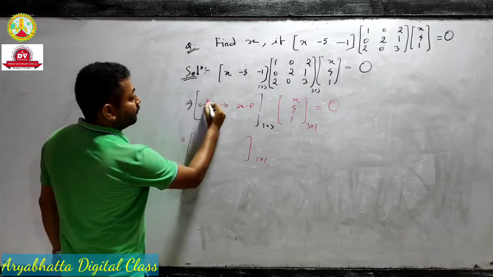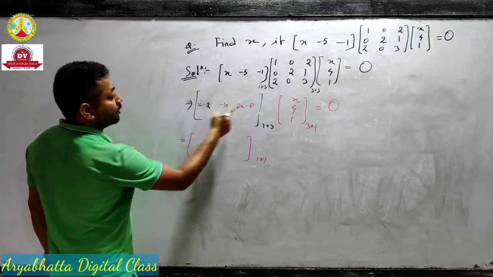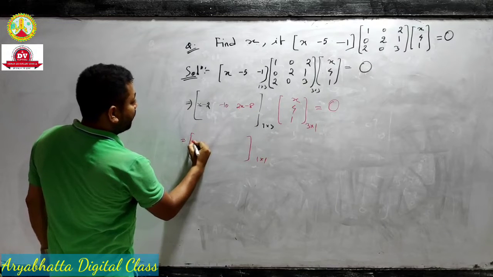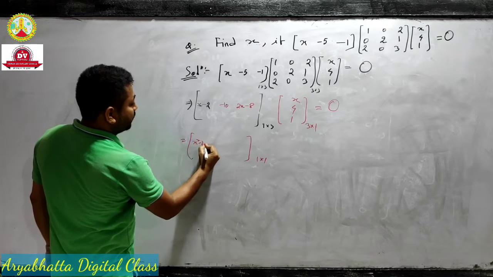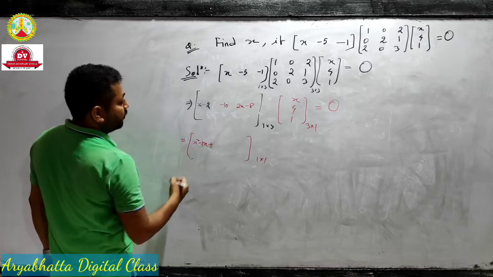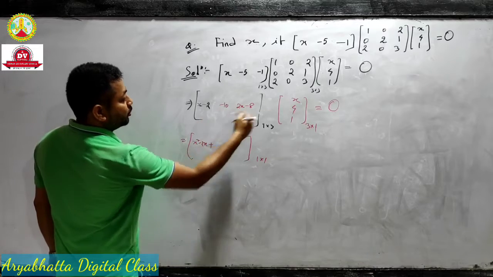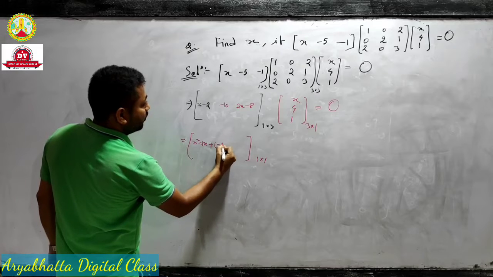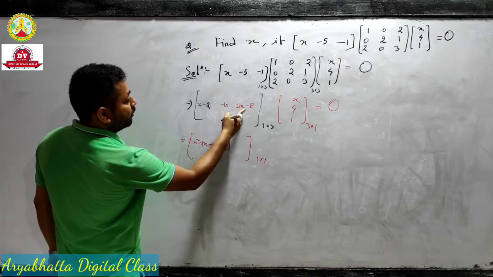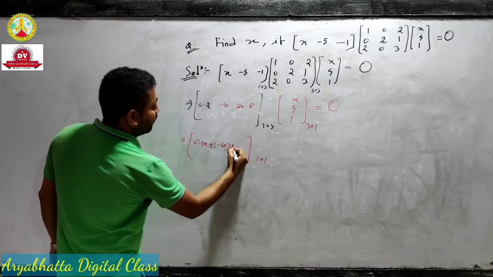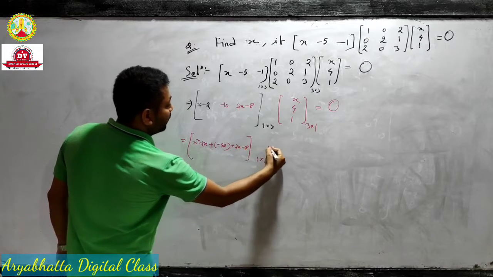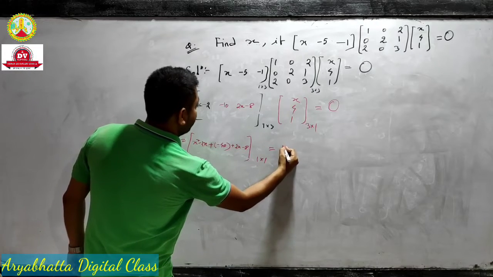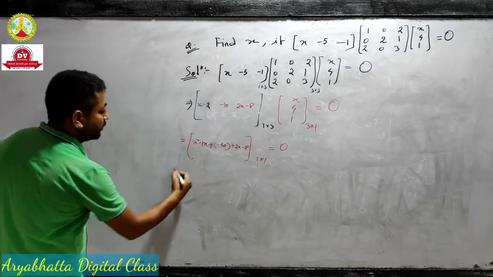Then we multiply first row first column. Then we have x minus 2 into x, then x square minus 2x plus minus 2 into 4, minus 10 into 4 equal to minus 40. Next, 2x minus 8 into 1 plus 2x minus 8. This is equal to the null matrix.